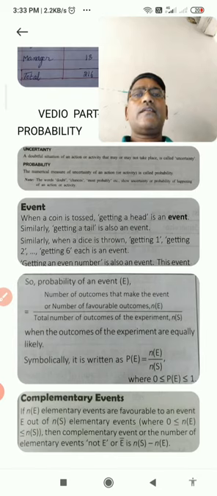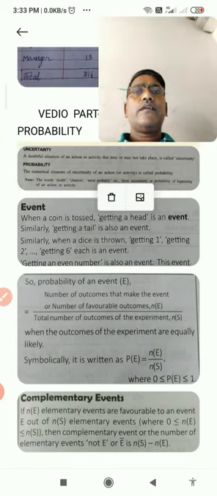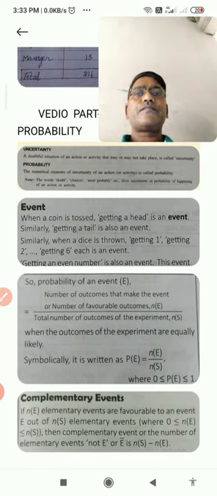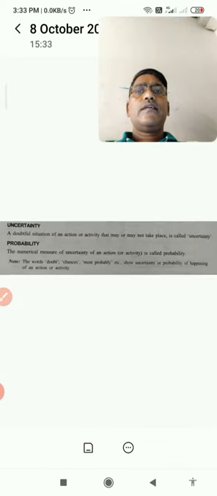Then we say chance. So I will give some definition about that. You observe here. A doubtful situation of an action or activity that may or may not take place is called uncertainty. This is nothing but probability, uncertainty.